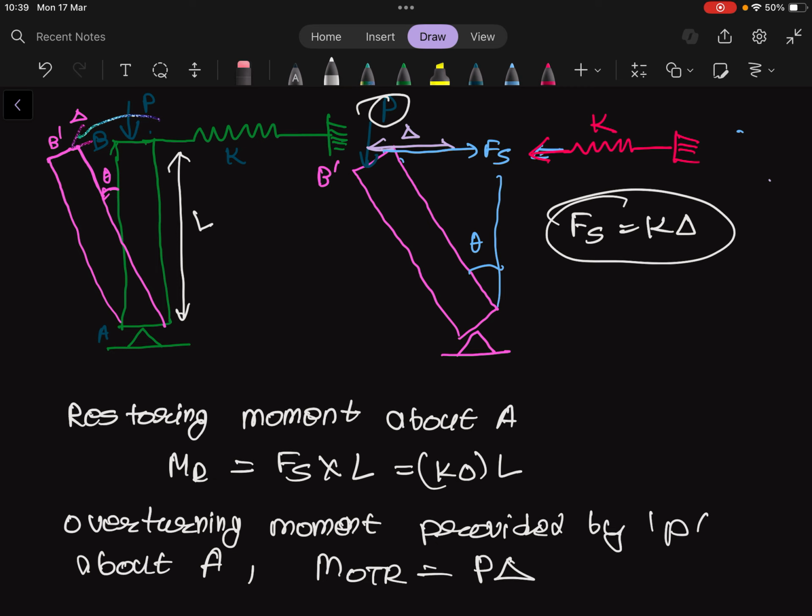Overturning moment means it's trying to bring this column back to its initial position. So let me write, this is initial position and this is final position.